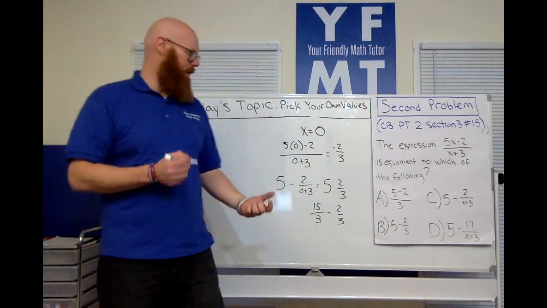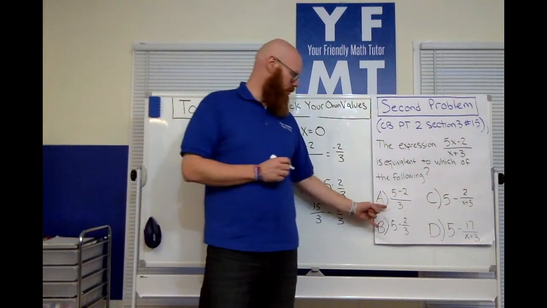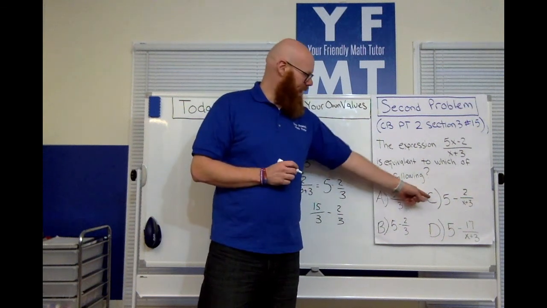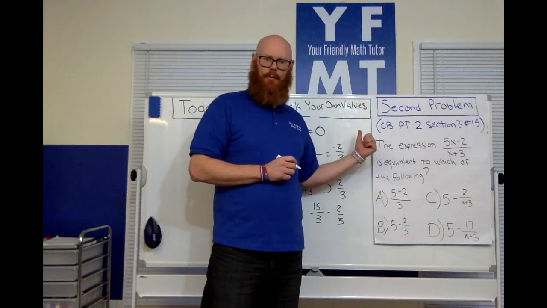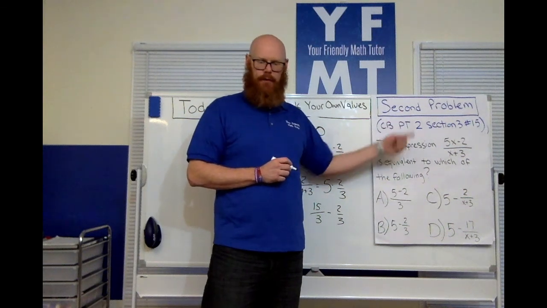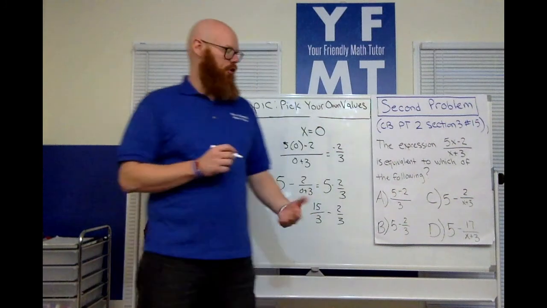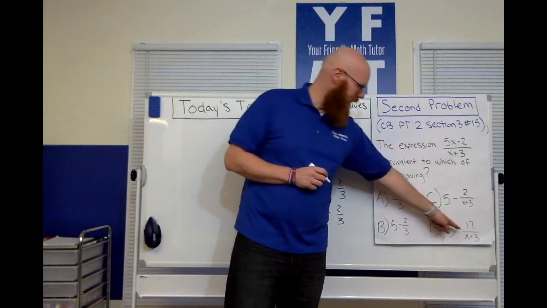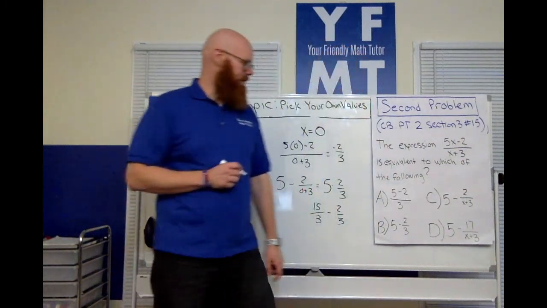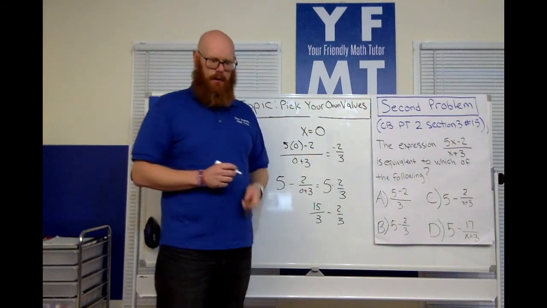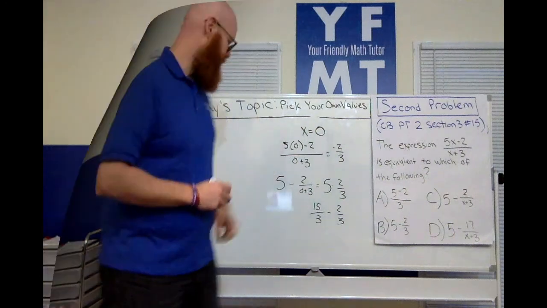So we have now eliminated A and B for their just ridiculousness that x just is gone. And we have eliminated C because the number that we picked doesn't work, doesn't equal both of them. And D must be the answer. And you can certainly check if you replace x with 0, 5 minus 17 over 3 does in fact give you negative 2/3.